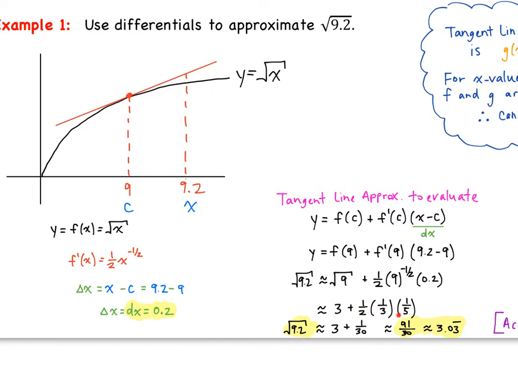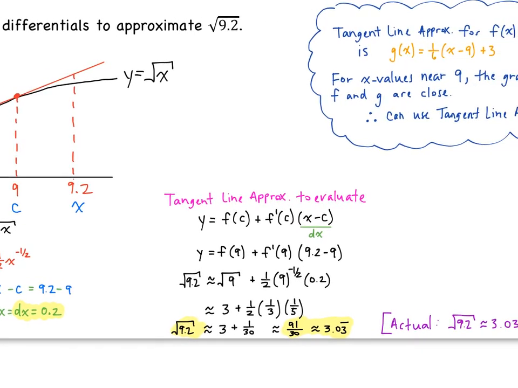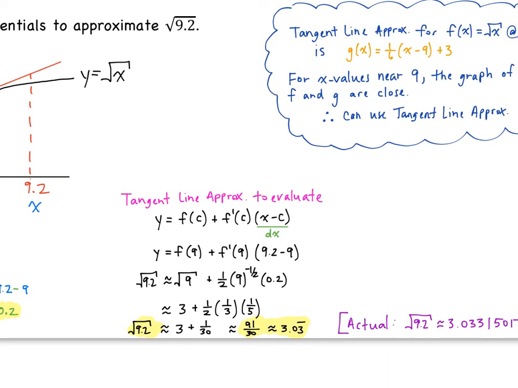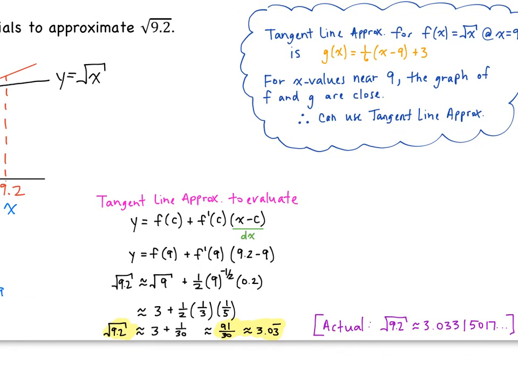When we clean this all up, we end up with the square root of 9.2 is approximately 91/30, or 3.03 repeating. In actuality, the square root of 9.2 is this value over here, so we're actually pretty darn close using that tangent line for our approximation.